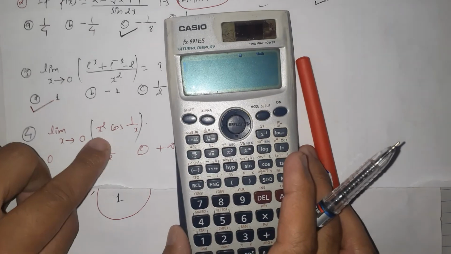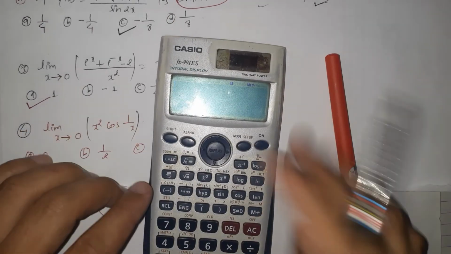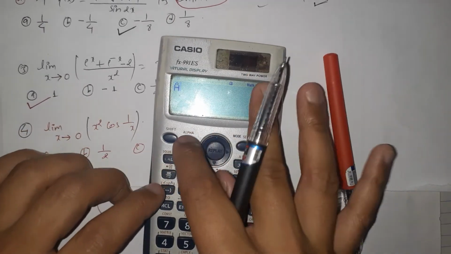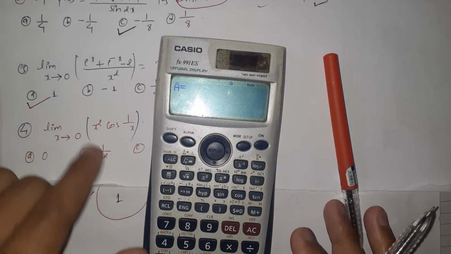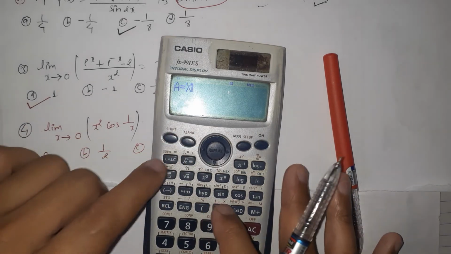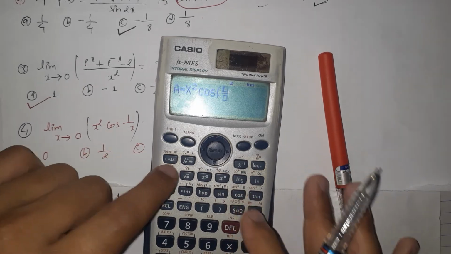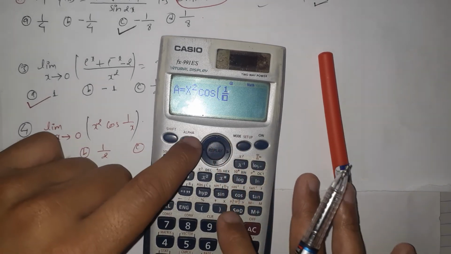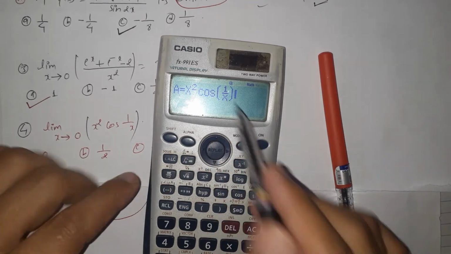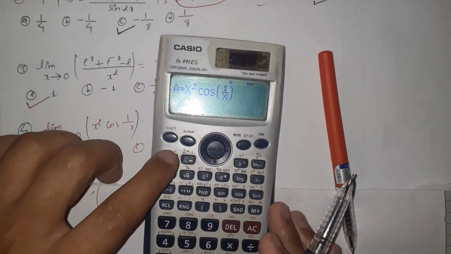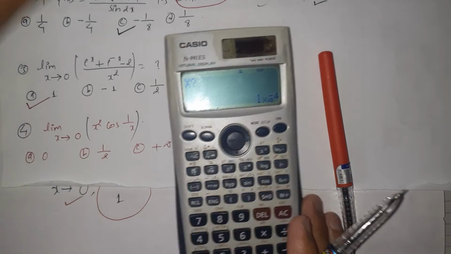Let's type these functions on the calculator. Just typing alpha a equals to this, x square times cosine of 1 over x. Here we just type this function and then press the calc button. Here the input is needed.